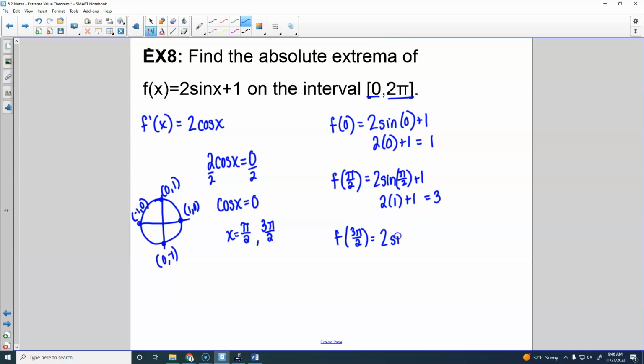That's going to be 2 sine of 3 pi over 2 plus 1. Sine of 3 pi over 2. 3 pi over 2 is right here. Sine is the y coordinate. It's -1, so 2 times -1 plus 1. That's going to give you -1. And then f of 2 pi is going to be 2 sine of 2 pi plus 1. That's the same as 0 there, so we'll have 2 times 0 plus 1, which will give us 1.